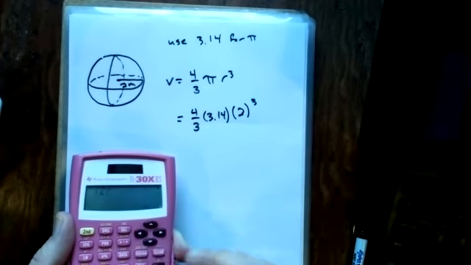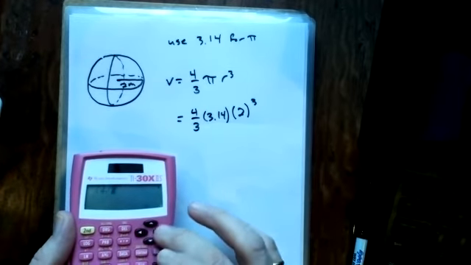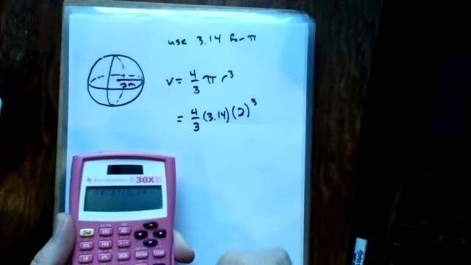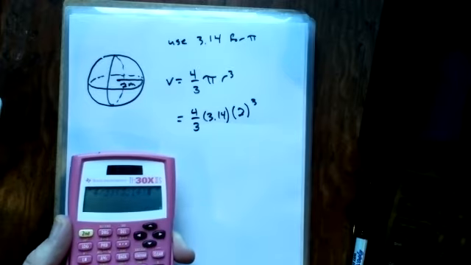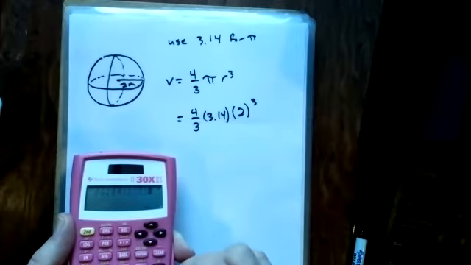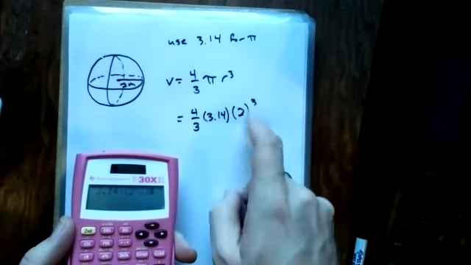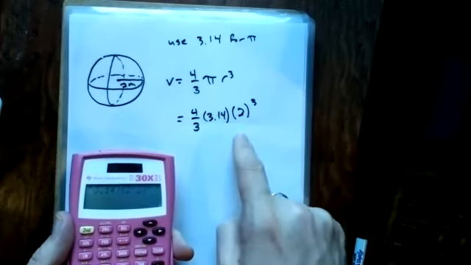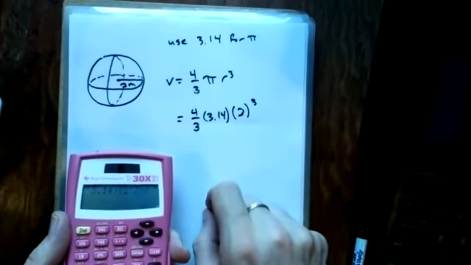Oops, sorry, that's 4/3 times pi, which here we're using 3.14. I'll just enter that in rather than use our pi button. And then times 2 to the 3rd power. If you're doing this by hand, remember exponents come before multiplication and division.